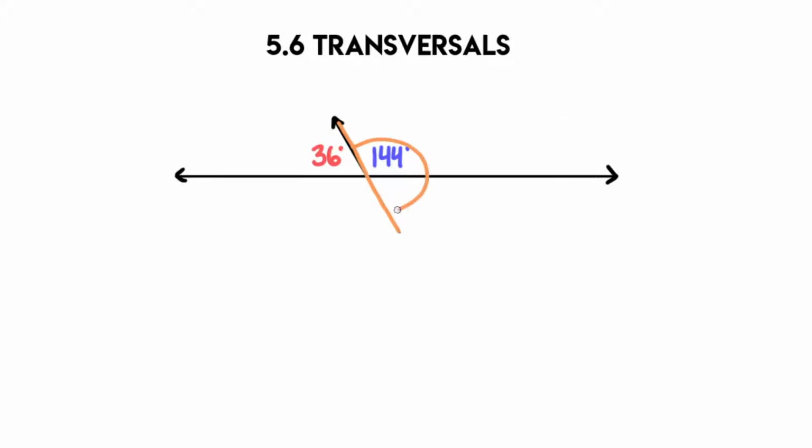From here to here, for a straight line, still needs to be 180 degrees. I have this angle right here is 144, and I'm missing this angle. But I know that 144 plus whatever this angle is has to add up to 180 degrees, which means this angle down here is 36 degrees, because 144 plus 36 gives me the 180 that I need.